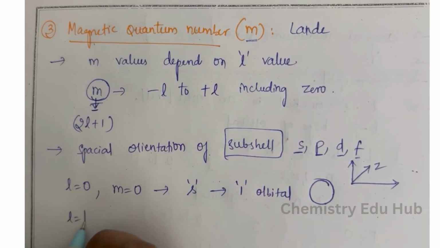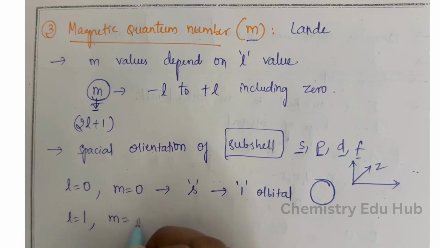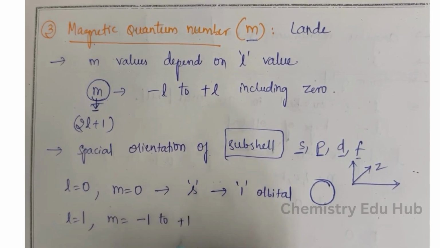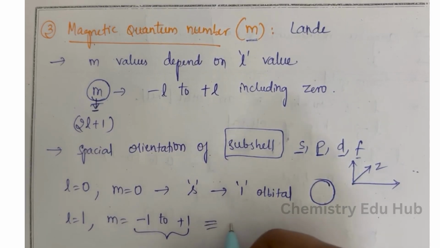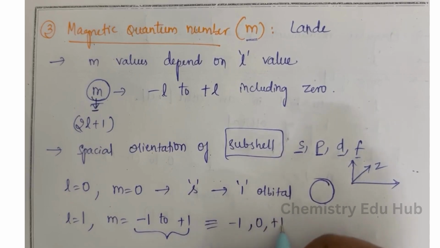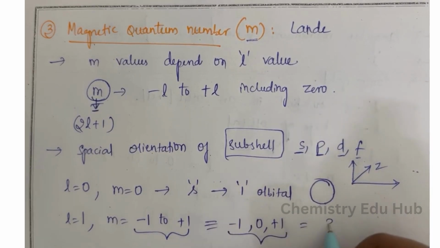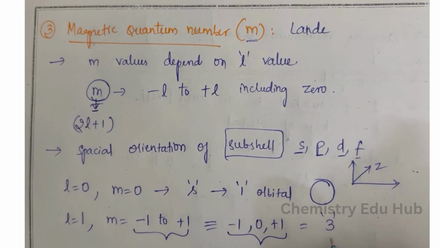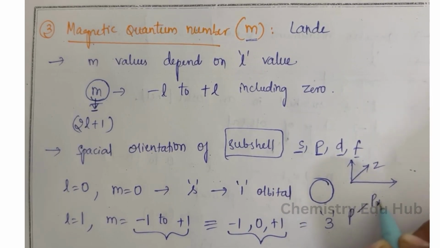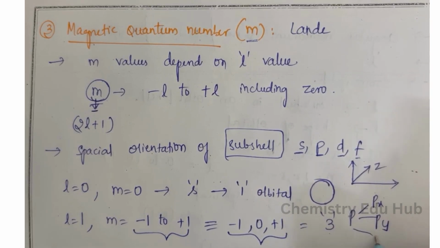If L value is 1, that means M has to be minus 1 to plus 1. This includes minus 1, 0, plus 1. How many values are there? Altogether 3 values are there. So for the P subshell, you will have Px, Py and Pz.